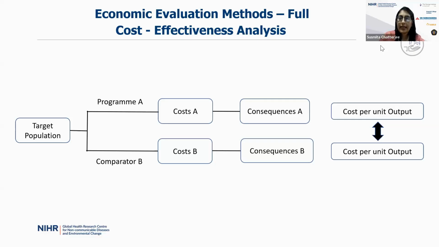I will go into that, like why and when you can use that. But in our example, it is hospitalization and death. So what I'm trying to say here is output depends on your study objective. It does not always mean that you have to present it in terms of DALYs, disability adjusted life years, or quality adjusted life years. You not always need to do that. Based on your objective of the study, what you are looking at, you decide your output.